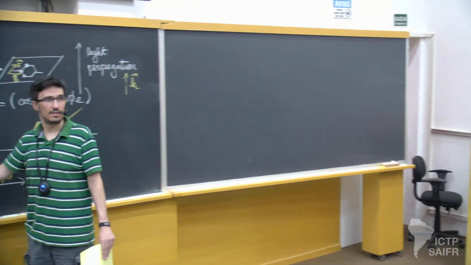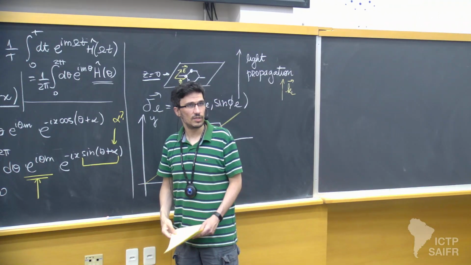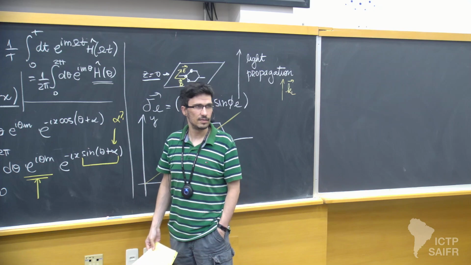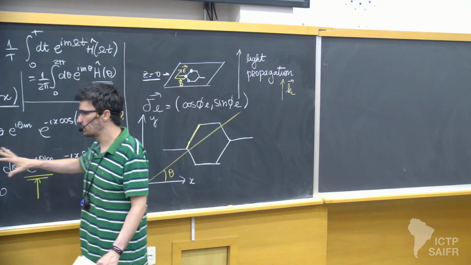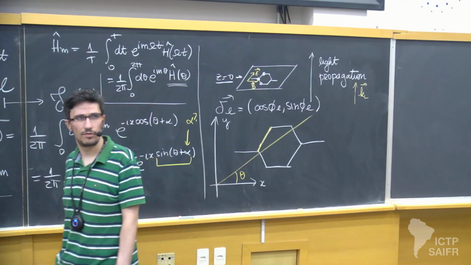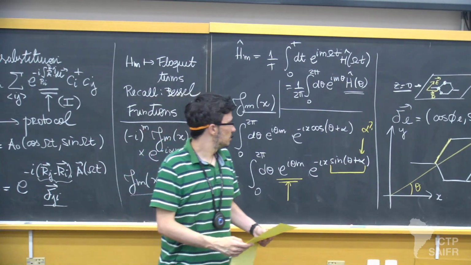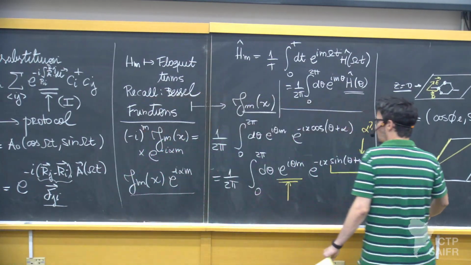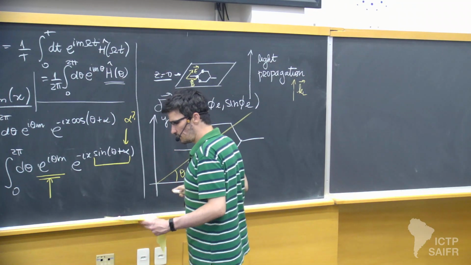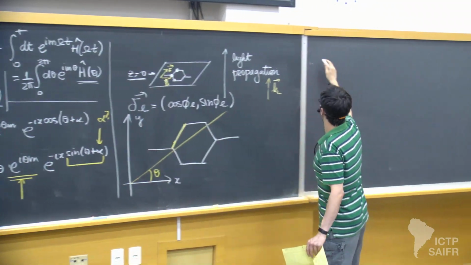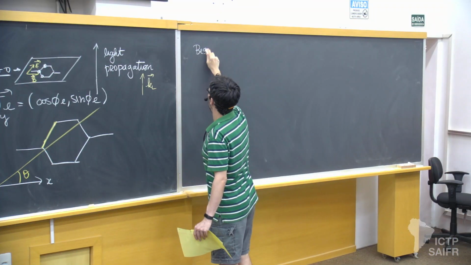And you can recast it in this particular way. If you have questions about this, you can ask me later. This step is always done when you're doing this type of calculation, okay? I will not do them step by step. The only thing to recall before we move on is the shape of Bessel functions. So some properties of Bessel functions that are important.